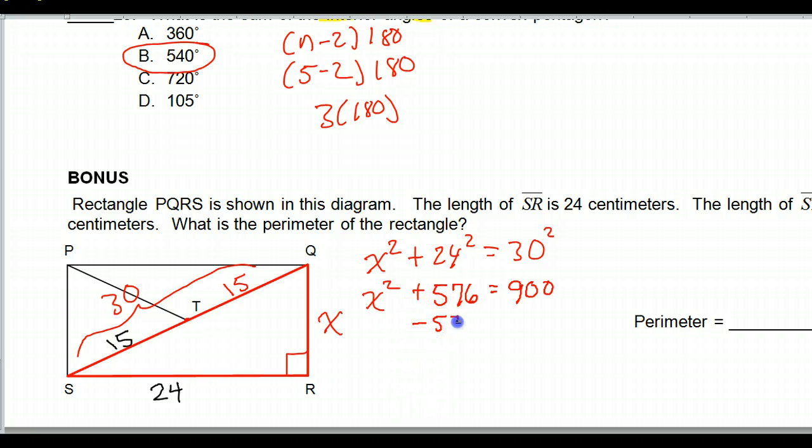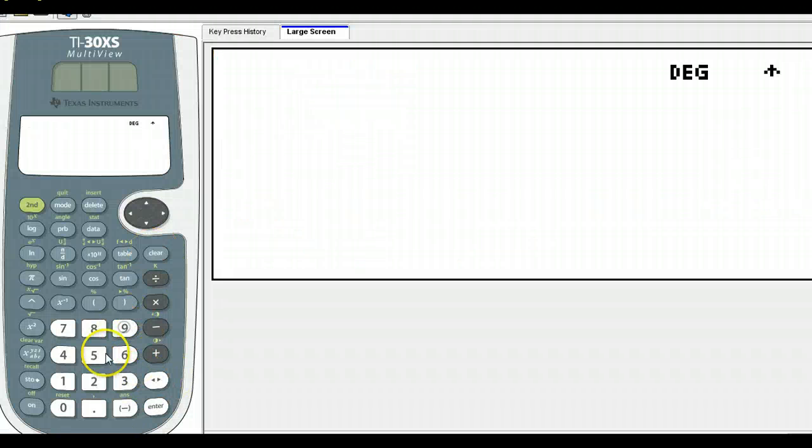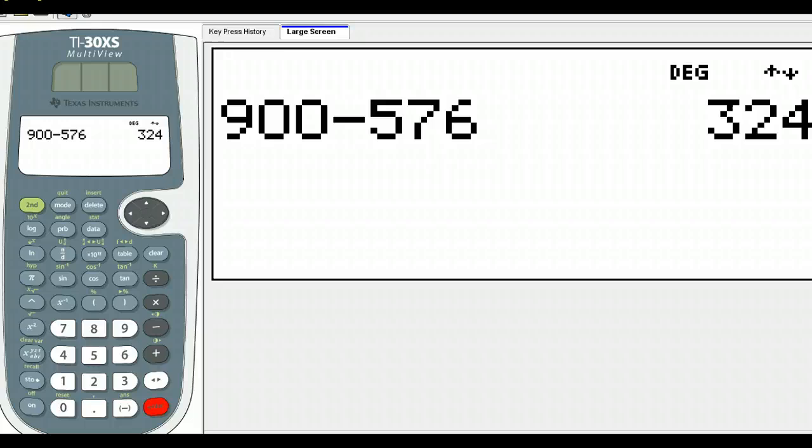Subtract 576 from both sides. So that's going to leave us with x squared is equal to 324.